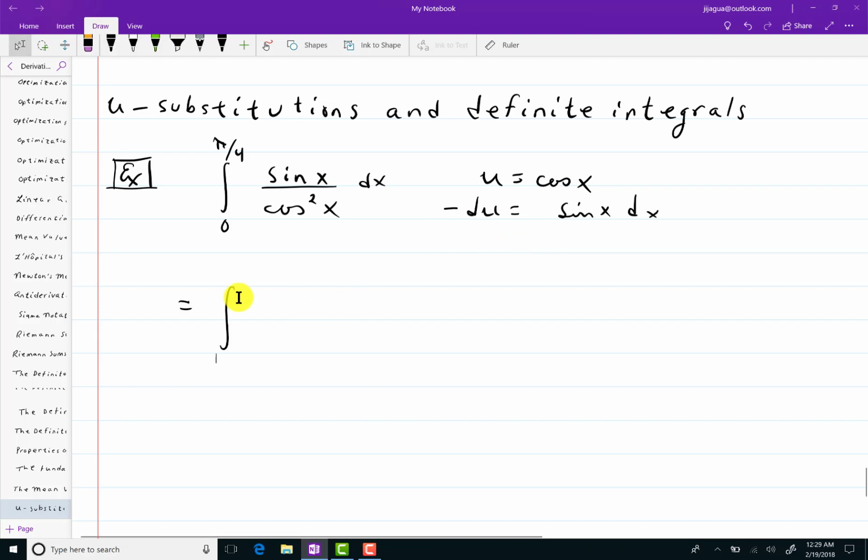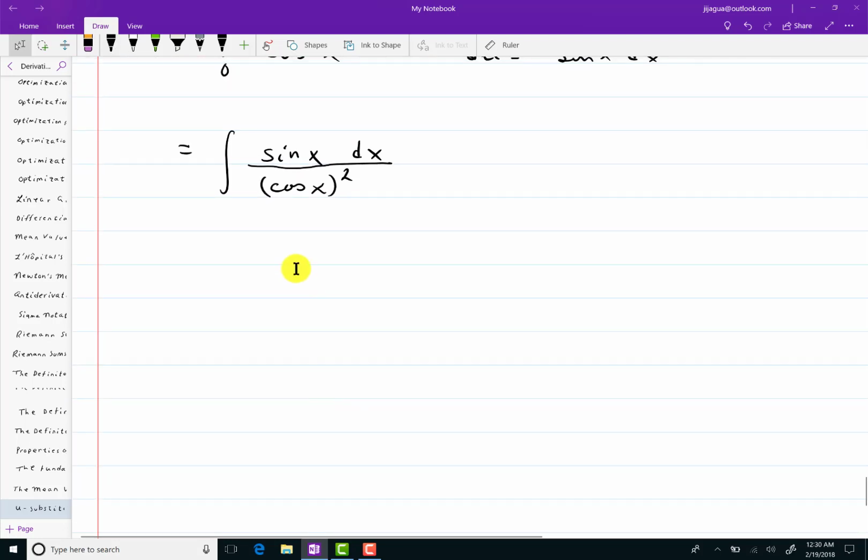Where I do things differently is in the limits of integration, and we'll deal with that in a second. Right now, let me go ahead and rewrite the problem in a way that you'll understand how I'm doing the substitution. Remember, cosine squared of x is the same as cosine of x squared.